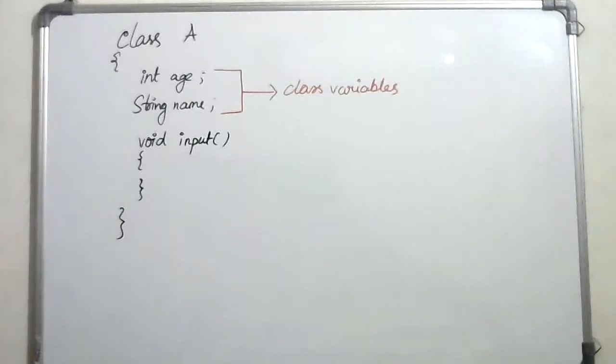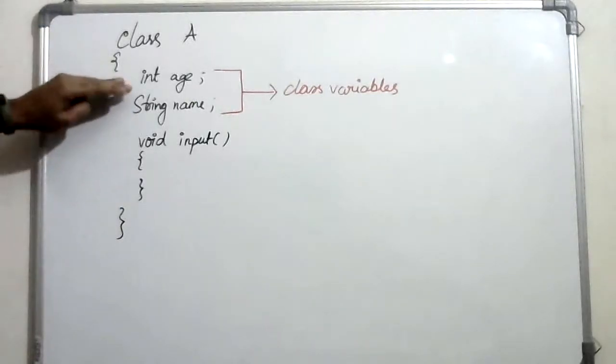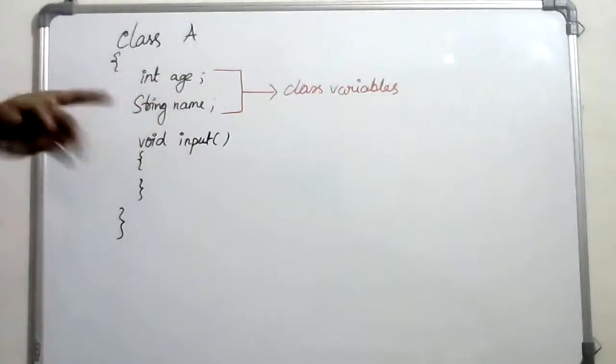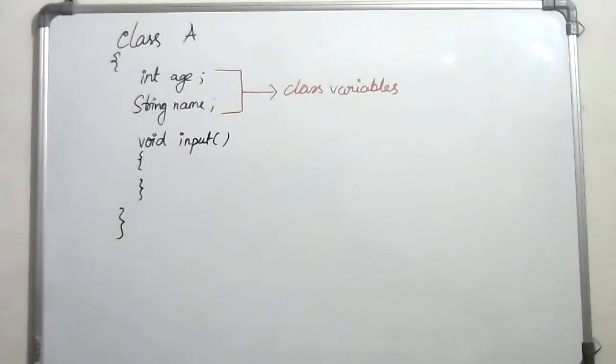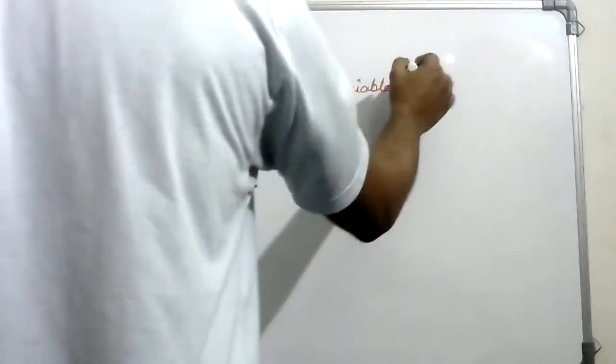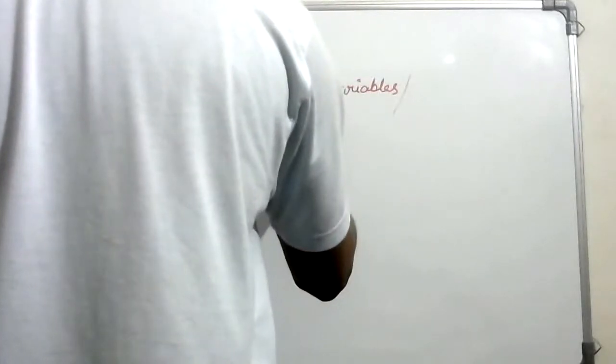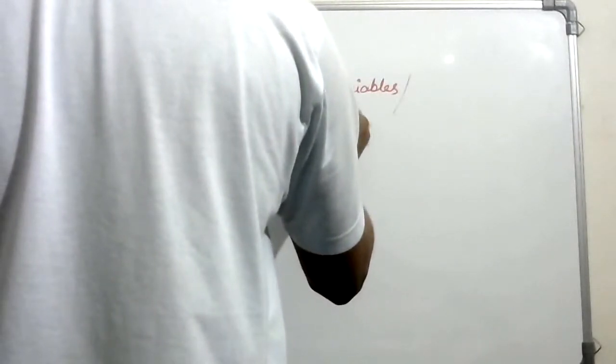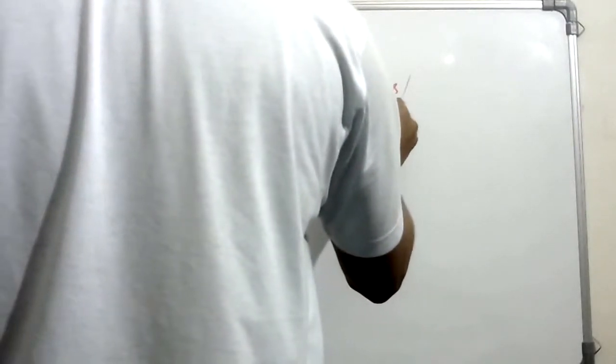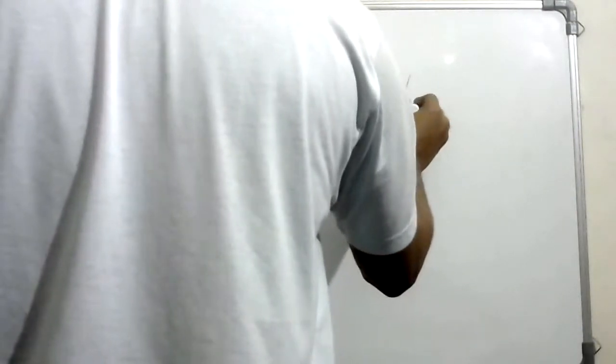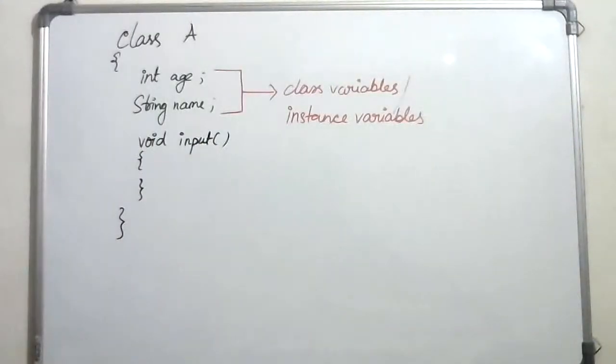Because they are defined in the class. Just after the class, the variables that are defined are known as class variables. They are also called instance variables because they are unique to the instances.